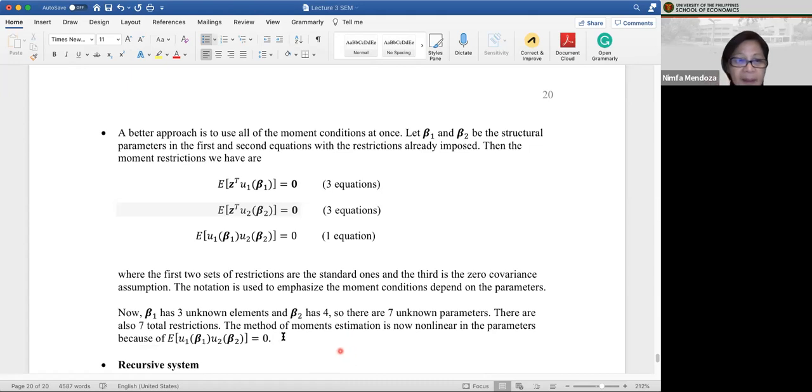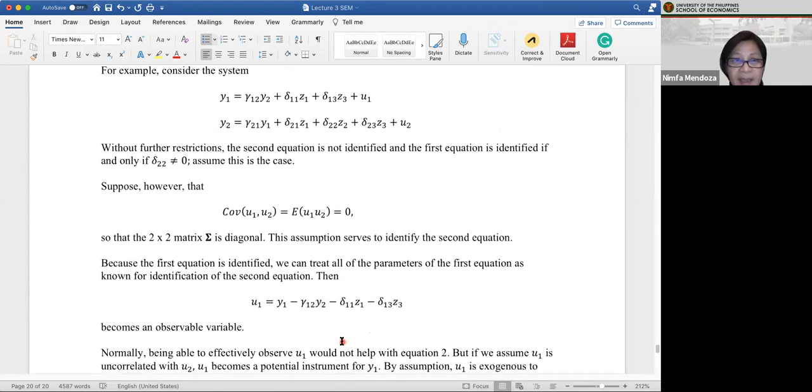So beta 1 has three unknown elements and beta 2 has four.